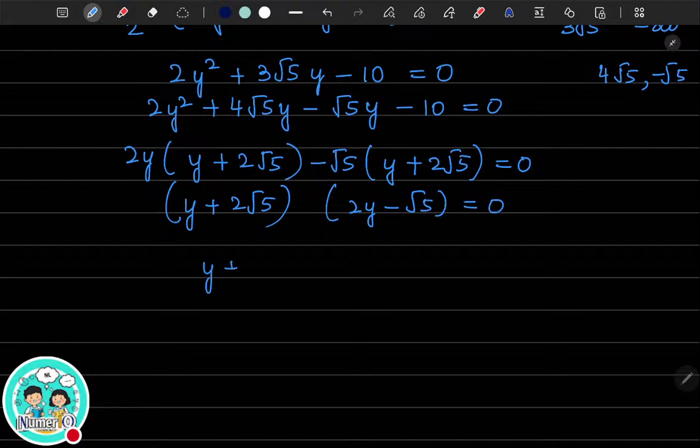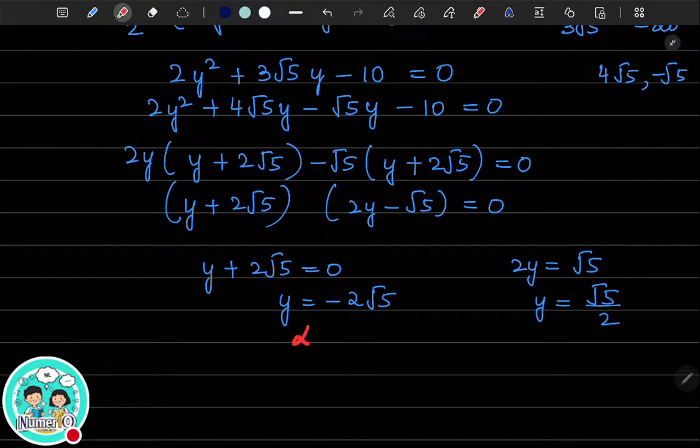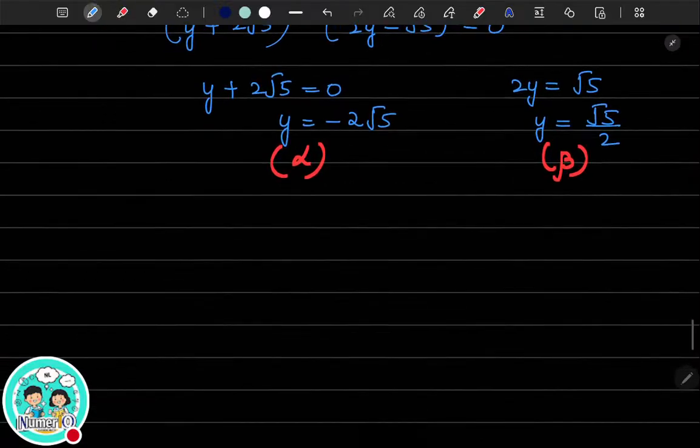So either y plus 2 root 5 equal to 0, which means y is equal to minus 2 root 5, or 2y equal to root 5, which is nothing but y is equal to root 5 divided by 2. So one is your alpha and let the other zero be your beta value. So let's verify.